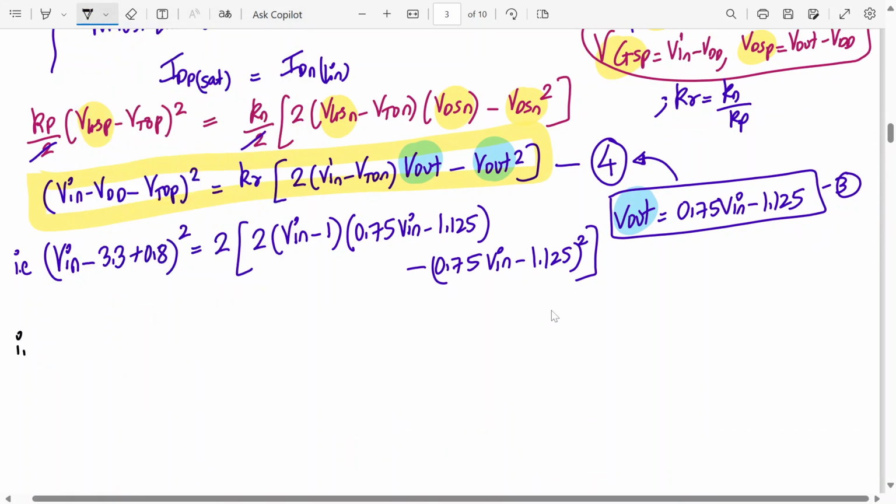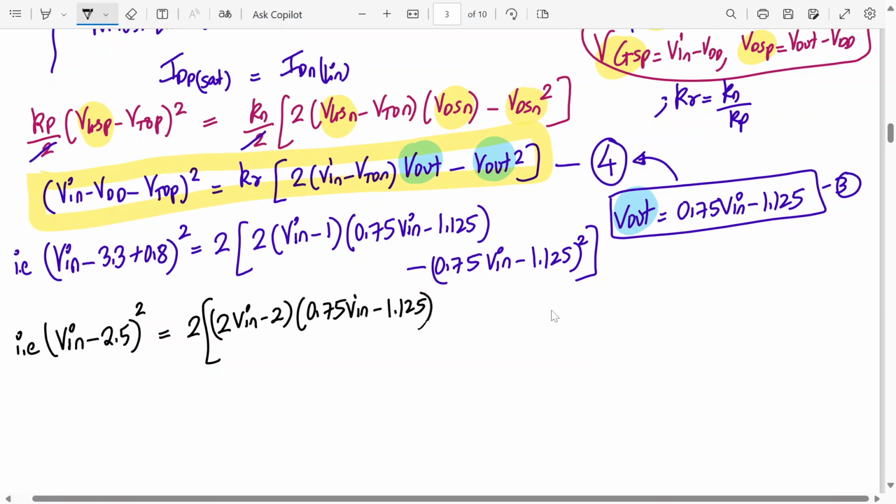So we get V in minus 3.3 plus 0.8, which is 2.5, square. This 2 will come, we'll take it inside: 2 V in minus 2. Here we have 0.75 V in minus 1.125, and this we can expand it. How much is this? a square minus 2ab plus b square.